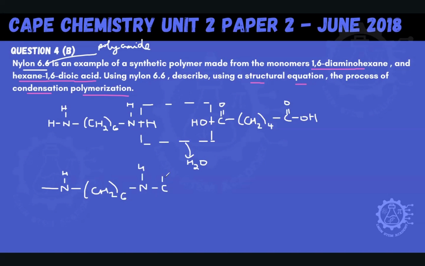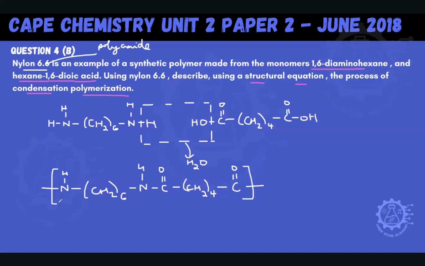Forming our amide linkage. And then the rest of the molecule there from the diacid is going to remain there. And then the C double bond O. And I'm going to just put a continuation bond, assuming that that would have gone on to polymerize with other amine molecules. So I'm just going to cut it right here.